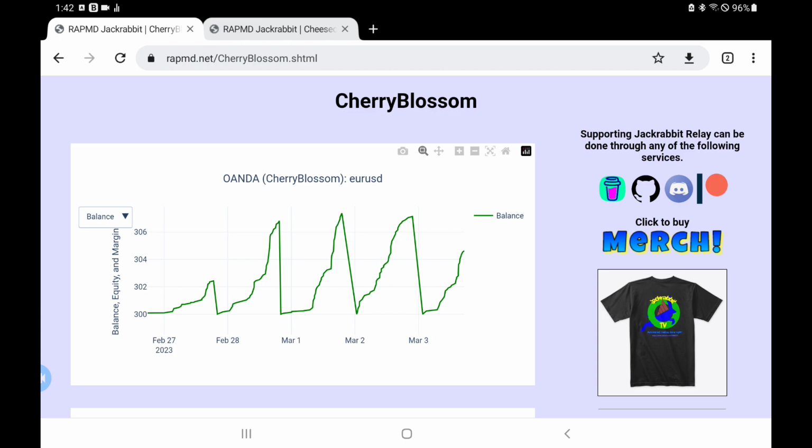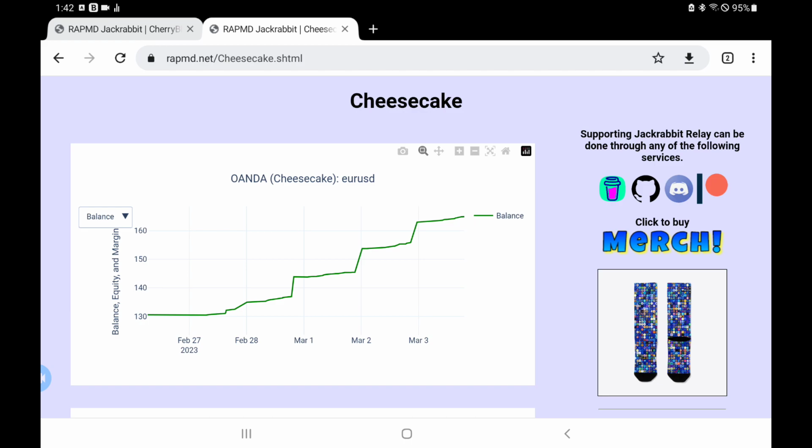That is Tuesday, Wednesday, and Thursday. Now the sharp drops in the profit are the amounts that I transferred to my long account, Cheesecake. And you see those correlations directly on the chart by the sharp spikes upward.